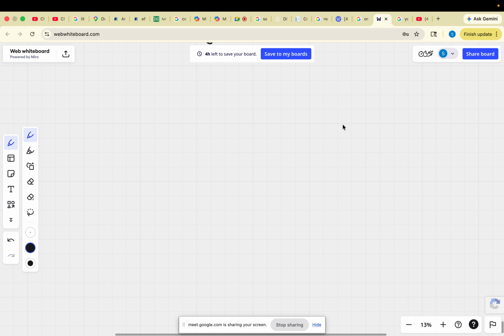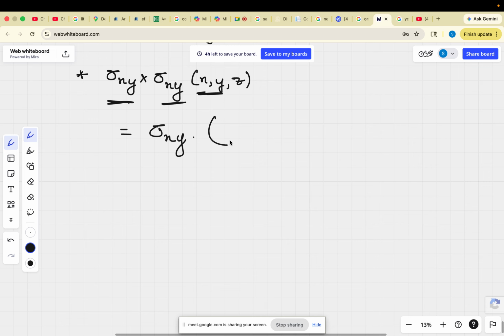Fine. Okay, next suppose you have sigma xy into sigma xy of x, y, z. So if you have xy, no need to change in xy, z will change. So this sigma xy remains here into, z will change, so x comma y comma minus z. Again you have xy and here you have xy, so no need to change in xy, z will change only.